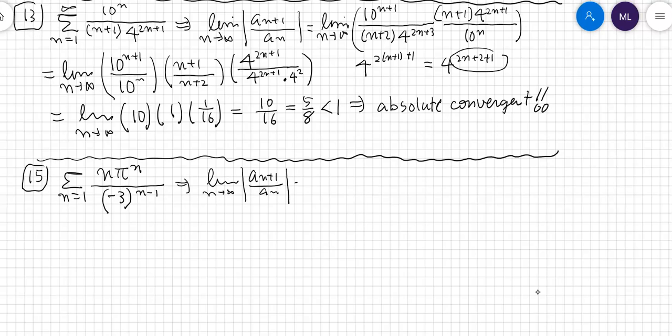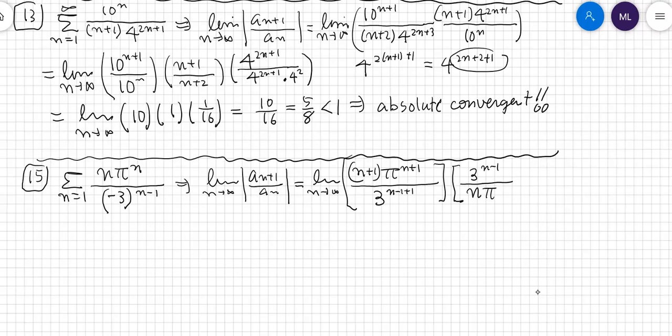Because we put absolute value, all the negative disappears. So the limit as n goes to infinity of n plus 1, pi to the n plus 1, over 3 times n plus 1 minus 1, over 3n minus 1, n pi to the n. That's the first thing you have to write.